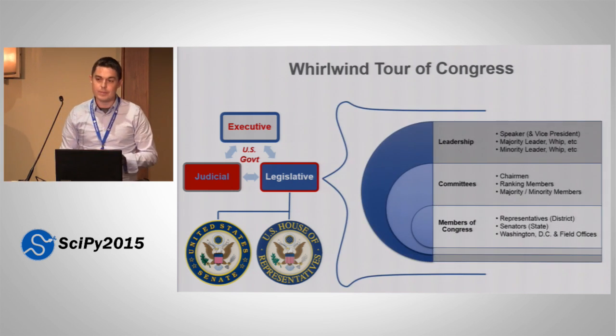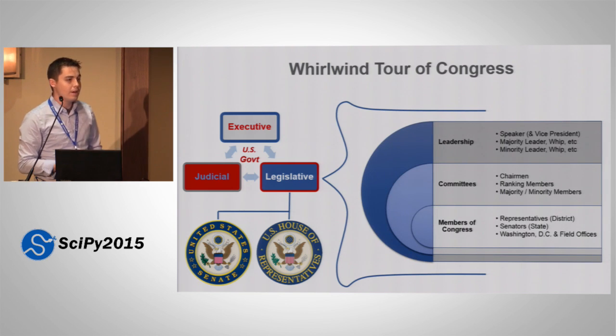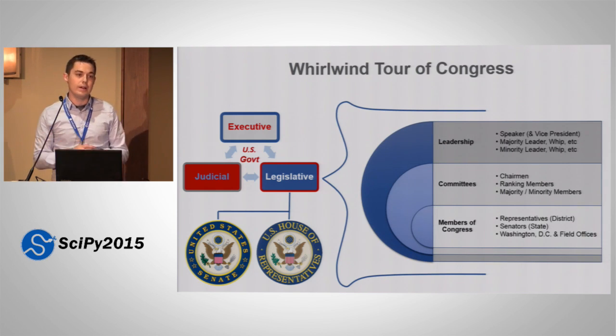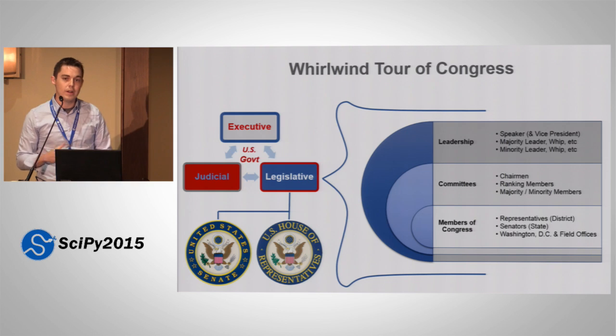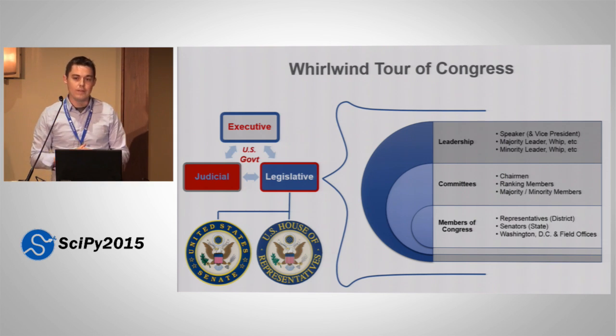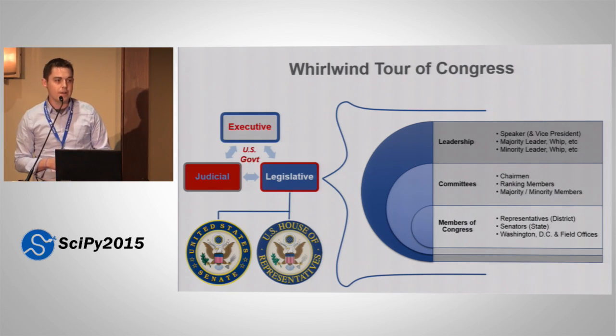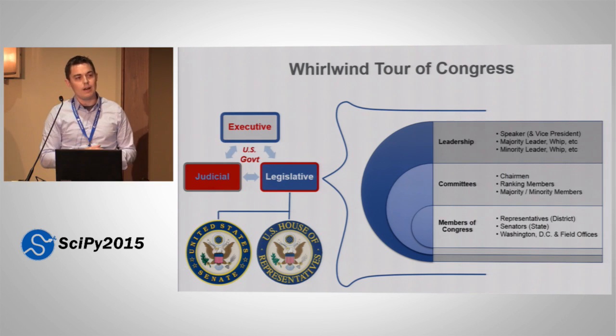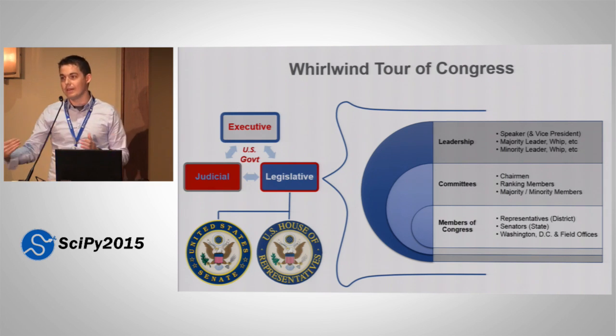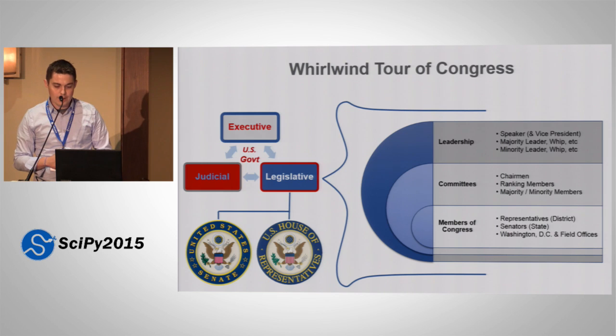Both houses of Congress are made up of three basic groups. It's a very hierarchical structure within the legislature. What you have is House leadership, which is often identified by the Speaker of the House, who is third in line to the President of the United States in terms of overall constitutional powers. On the Senate side, you have the Vice President serving in a capacity over the Senate itself.